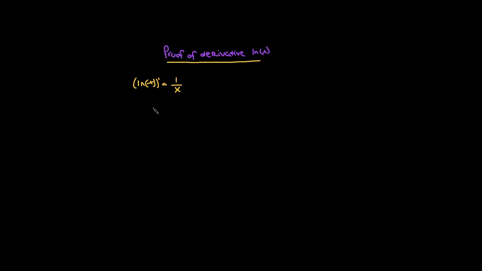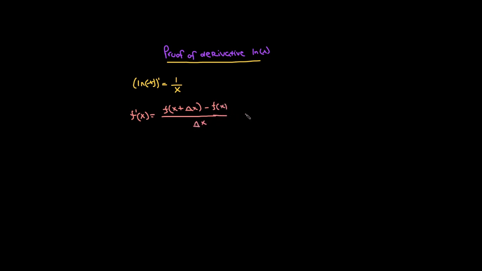So if you remember the definition of the derivative, the derivative of a function f(x) is going to be this certain fraction. It's f of x plus a tiny nudge to x, subtract off just the regular function, and divide that by that tiny nudge.